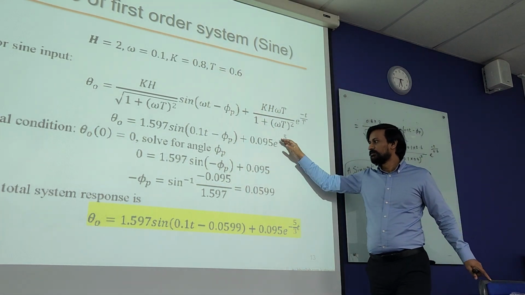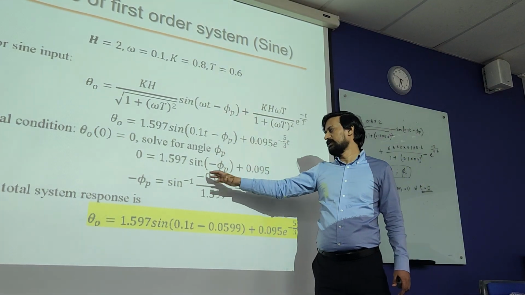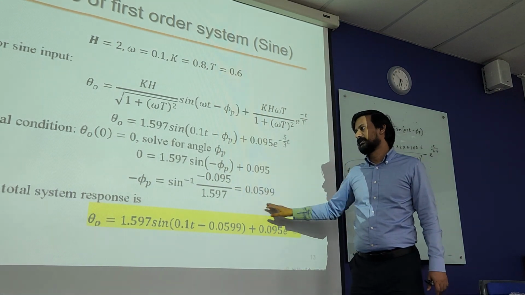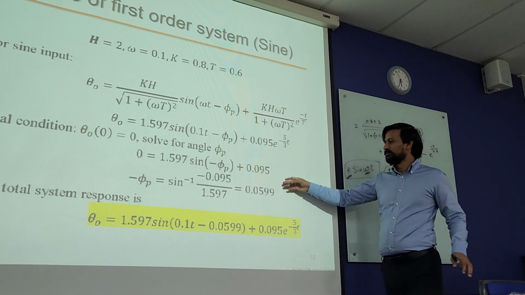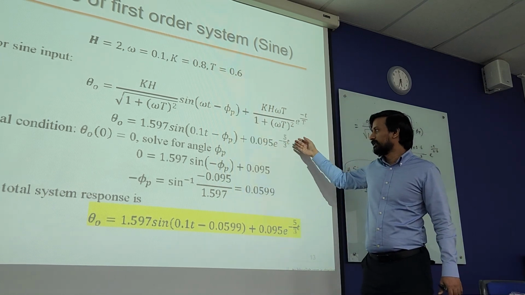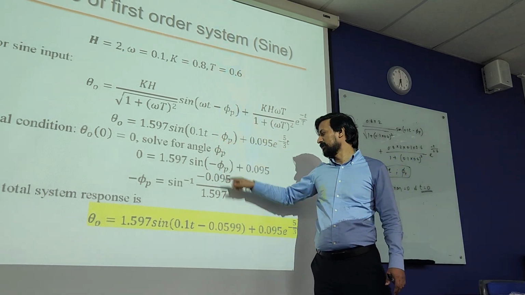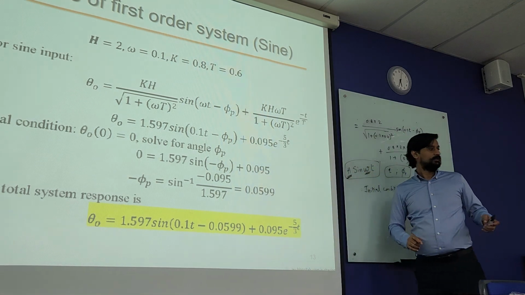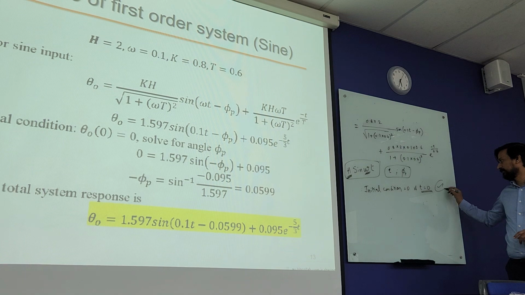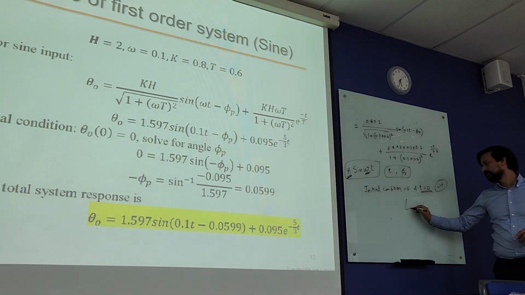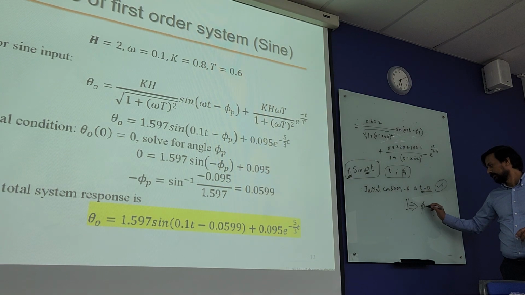So once you put the 0, then rearrange until you get the phase angle. Then substitute this into the main equation. Over here, you just substitute. That's all. So one more step with the initial condition and time 0 to calculate the phase.